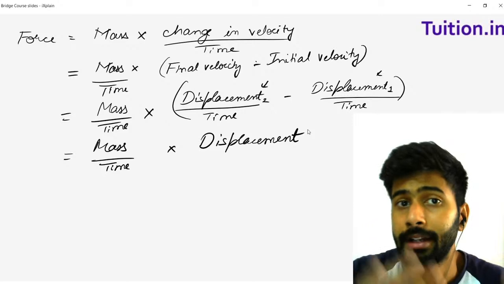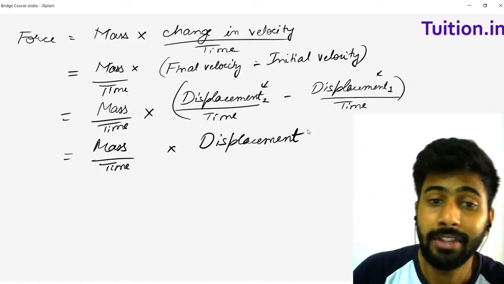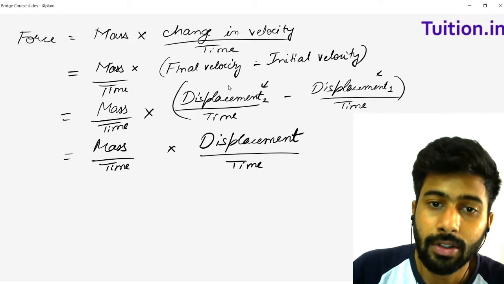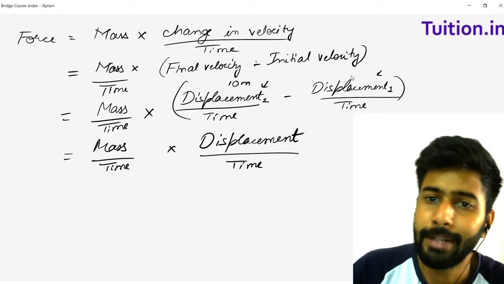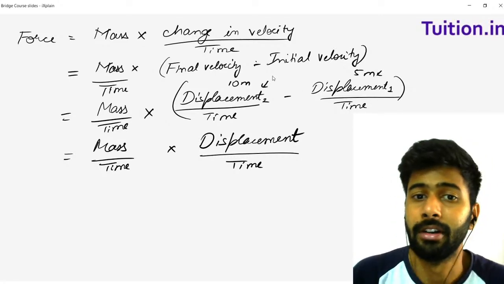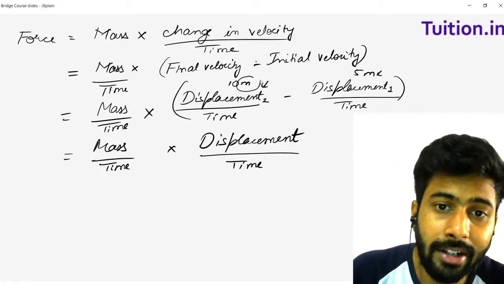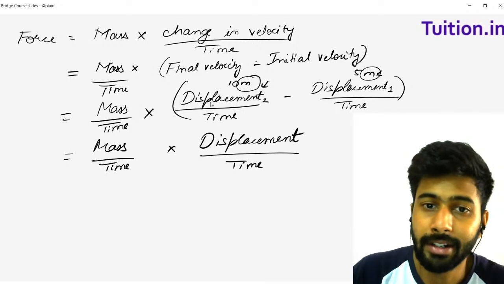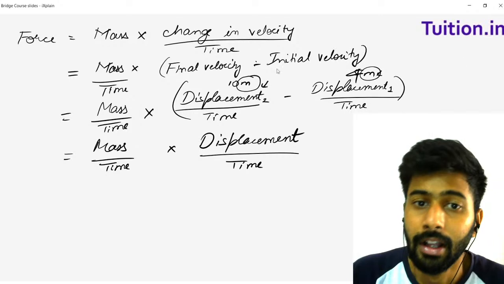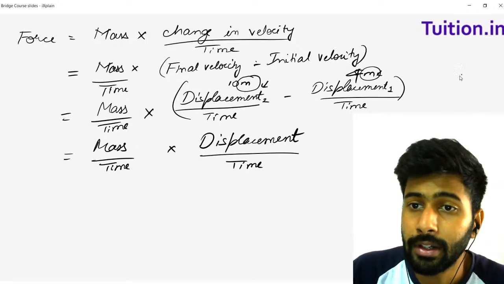Displacement 2 minus displacement 1 will have the same dimension as displacement. So this displacement might be 10 meters, this might be 5 meters. I'm not denying that. But I don't care about the numerical value here, because this is also going to be meters and this is going to be meters. When you subtract these, like let's say you have 10 and 4, you'll get 6 meter.